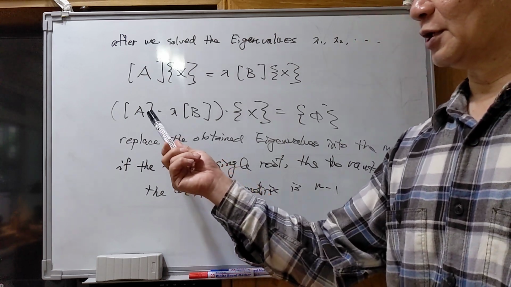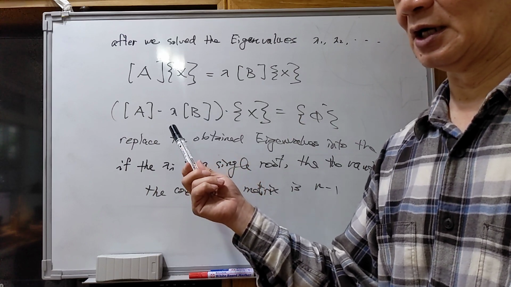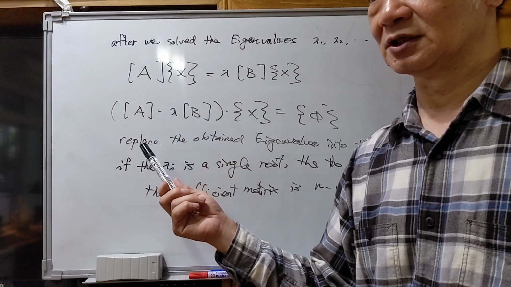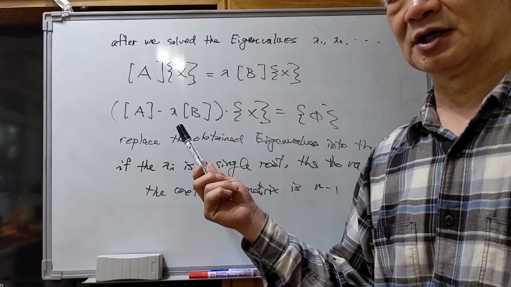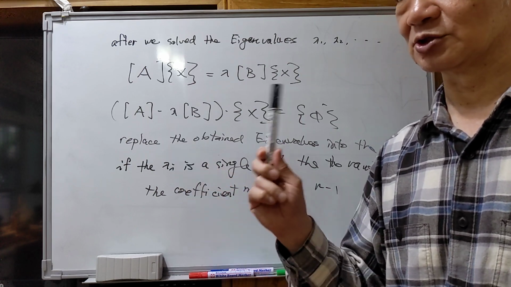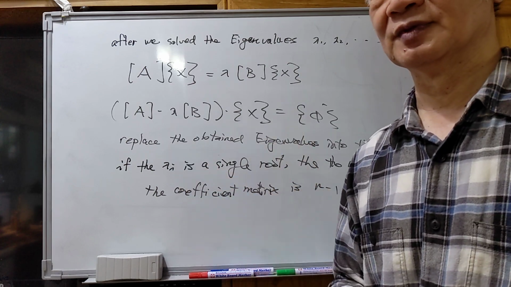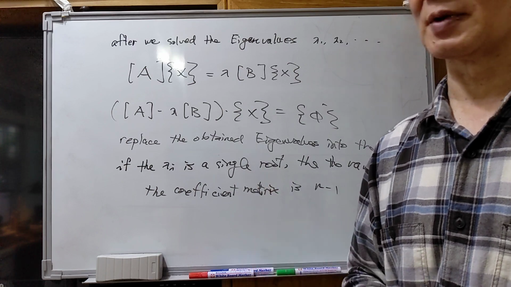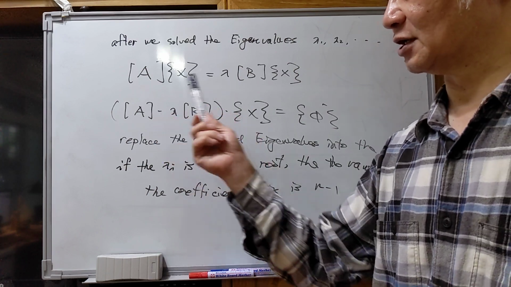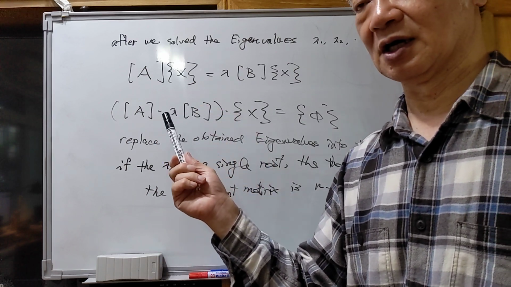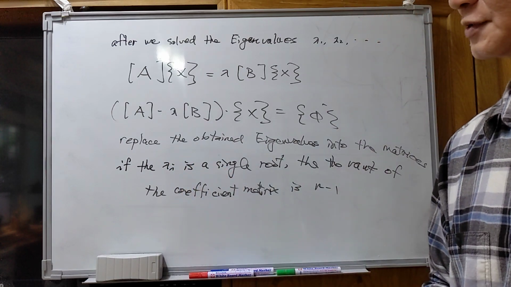So it means the number of independent equations will be n minus 1. So there is one degree of freedom for the solution vector space. That's the meaning of the rank of the coefficient matrix.